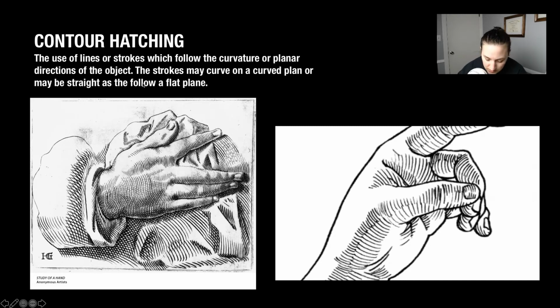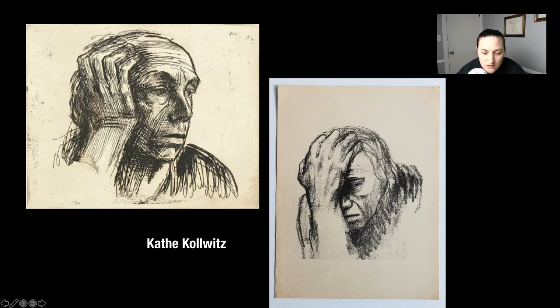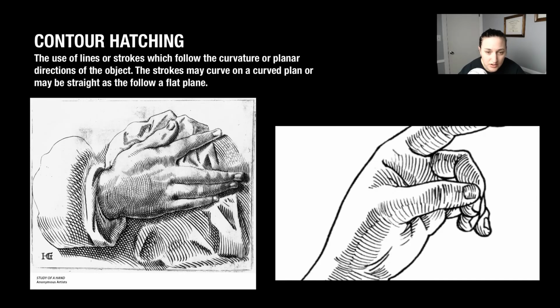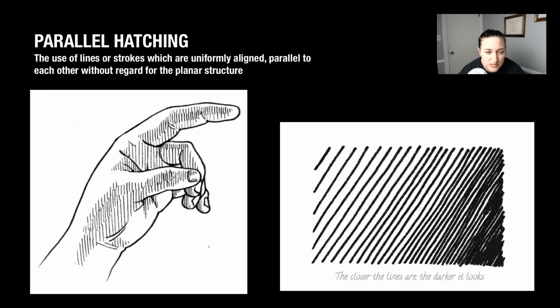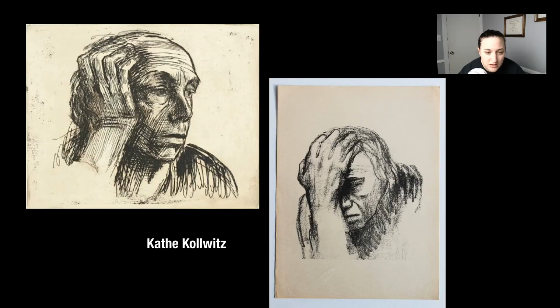So contour hatching. Here is Käthe Kollwitz, and interspersed throughout this lecture, I have a couple artists that use mark making very well. Käthe Kollwitz is very renowned for her mark making qualities. She's using contour hatching, as well as just very expressive mark making.